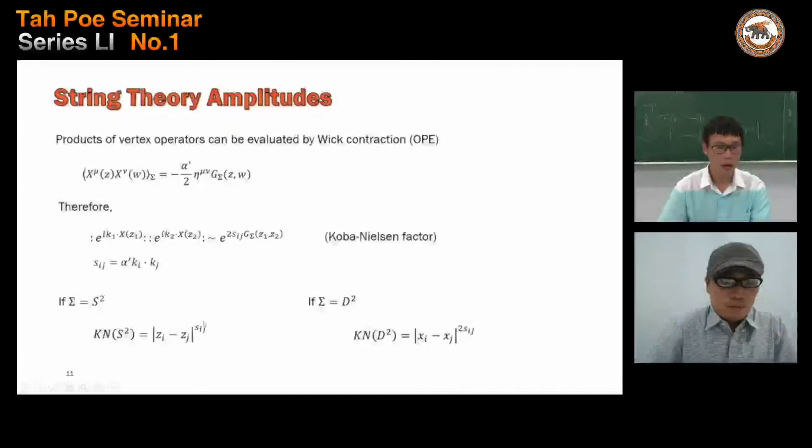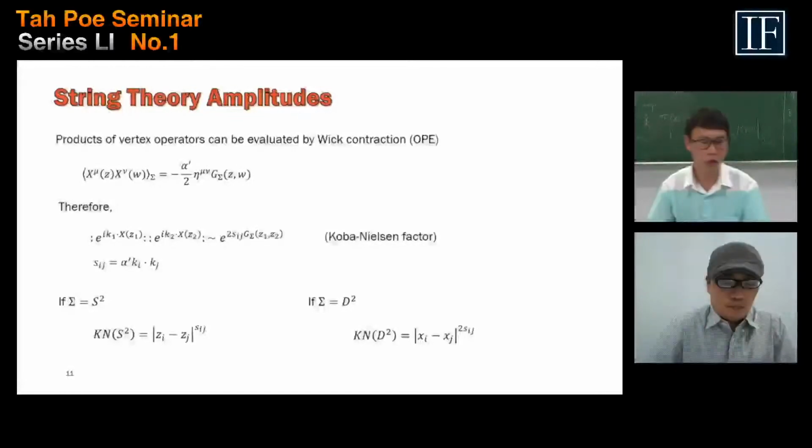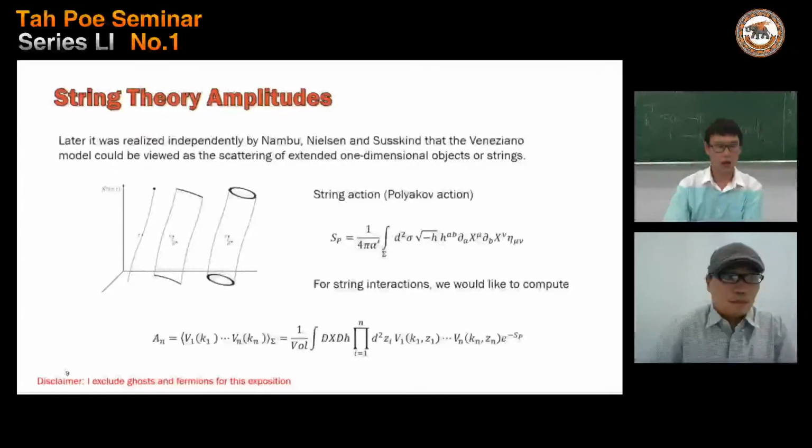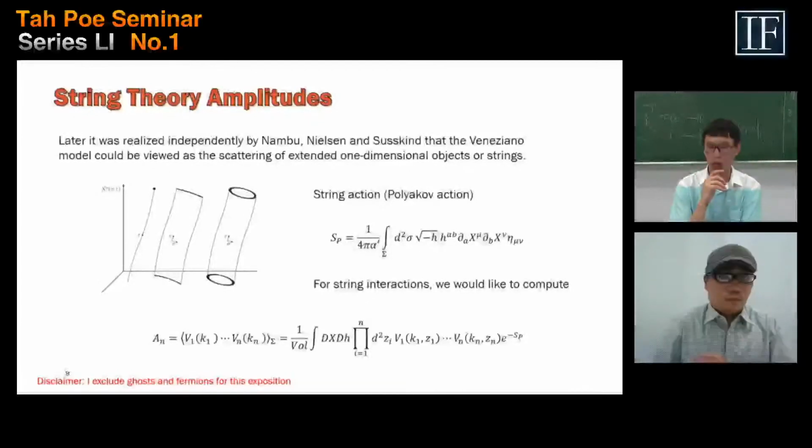So in higher genus, the Koba-Nielsen term would involve the topology of the worldsheet. So the integration is not just the integration of the coordinates. It would involve the integration of what is called the moduli parameters as well.